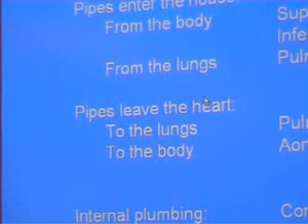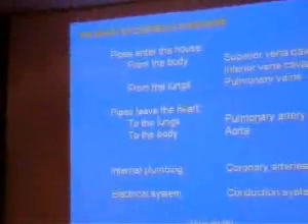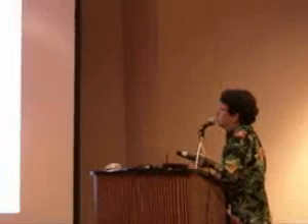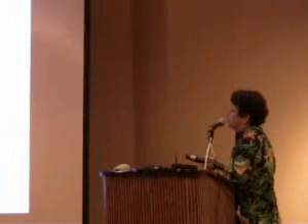So now that you have the image, I'm going to go back and show you some text. So these pipes, I've shown you the rooms. The pipes now, the drainage, enter the house from the body: the superior vena cava, inferior vena cava. From the lungs, where remember they were red, we got oxygen, the pulmonary veins. So these veins here have blue blood, no oxygen.